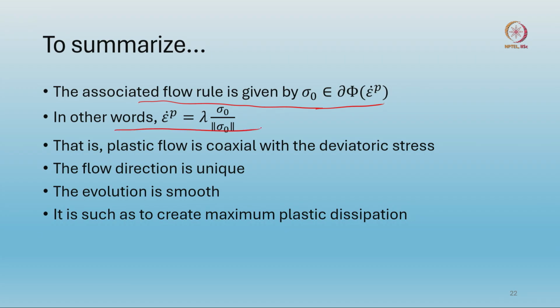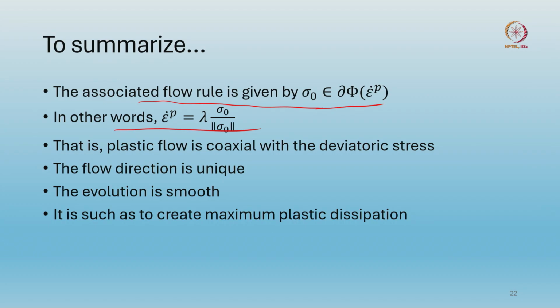In other words, we get the co-directionality directly from here, epsilon p dot equal to lambda times sigma 0 by norm of sigma 0, right. So, naturally this lambda has to be, because sigma 0 by norm of sigma 0 has a magnitude equal to 1, has a norm itself equal to 1.